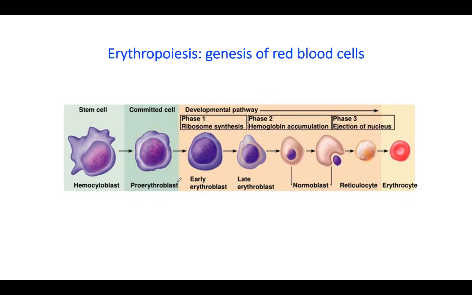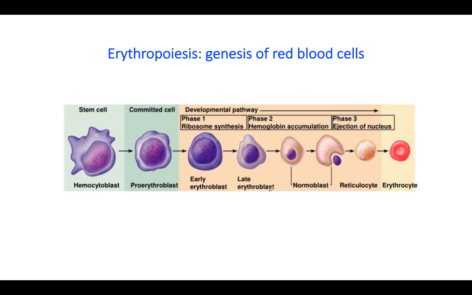From proerythroblast, divide to form early erythroblast. This early erythroblast produces ribosomes. Ribosome is the site for protein synthesis. From ribosomes, hemoglobins start to be synthesized and accumulate.